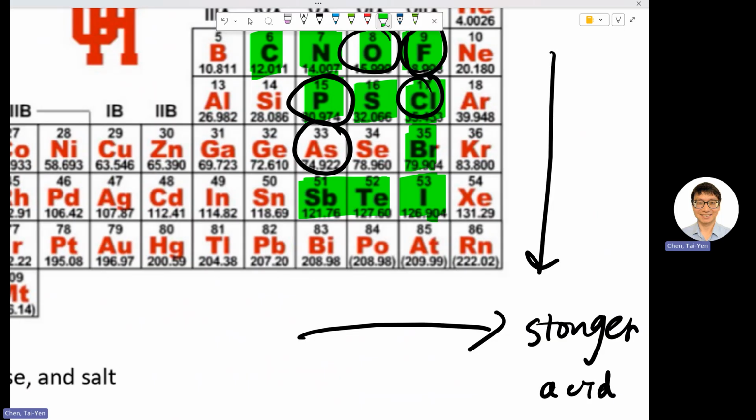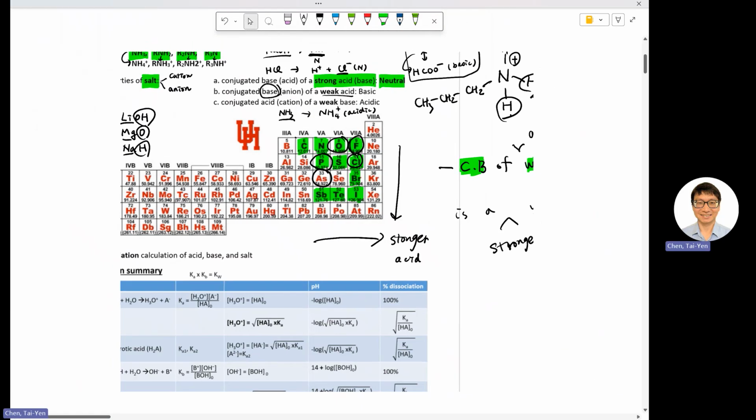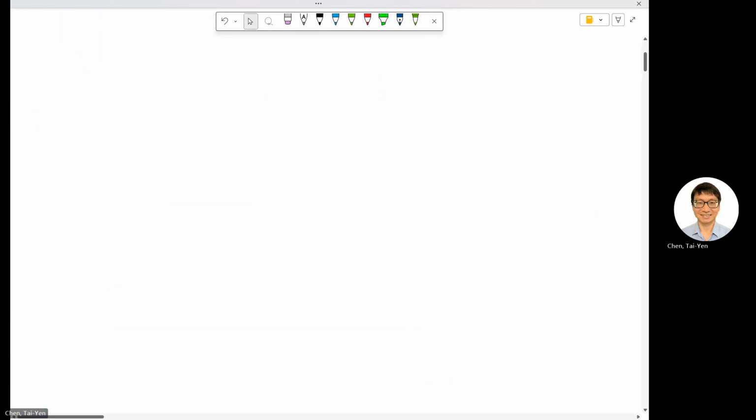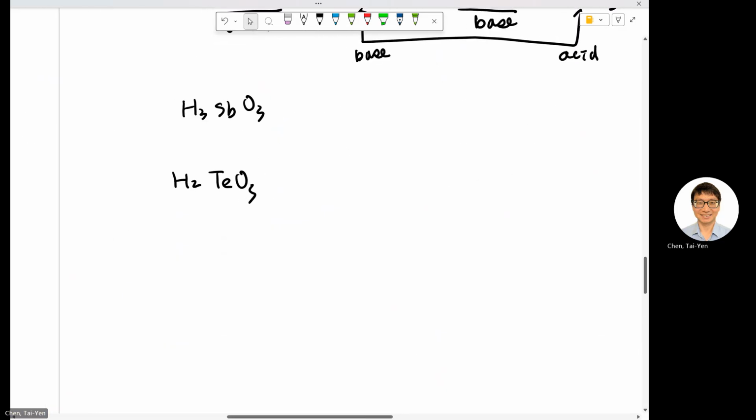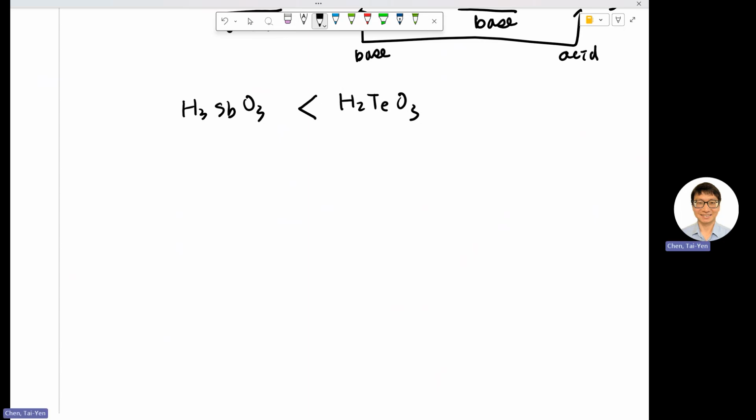So with that being said, therefore we know, and I want to write it side by side, that H2TeO3 will be a stronger acid if you rank them based on acidity.